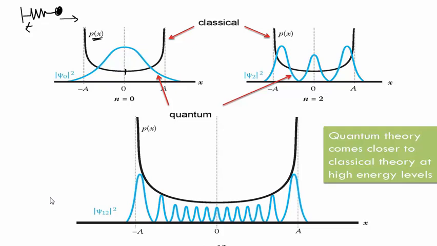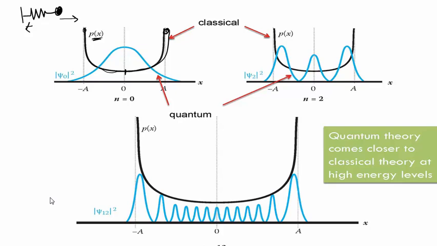So in a classical sense, the probability of finding the mass is greater on the outside, but the quantum mechanical understanding tells us the exact opposite, at least at the lowest energy level.